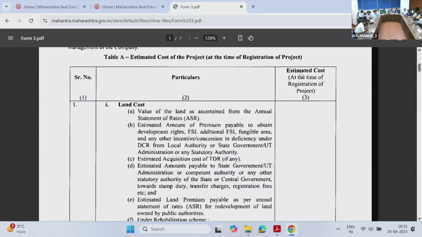It's on second page. Which rule? Rule 5. Explanation 1. Second page, fourth para. Ascertaining the cost of completion of.